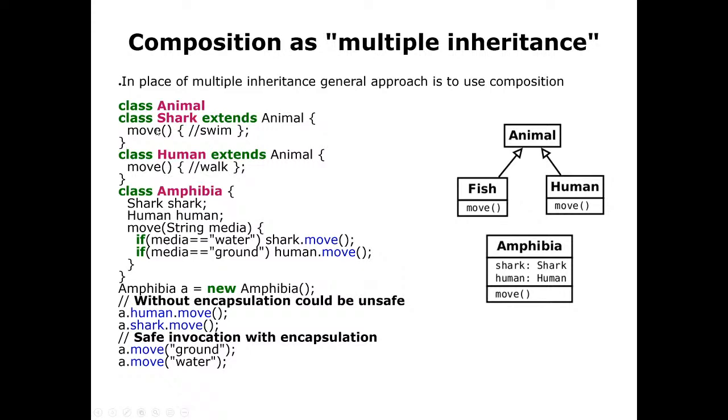We can't use this method, we need to create another method. In this case we create the importing parameters, then we add some logic there, and we call the method from these two classes from inside this method move.